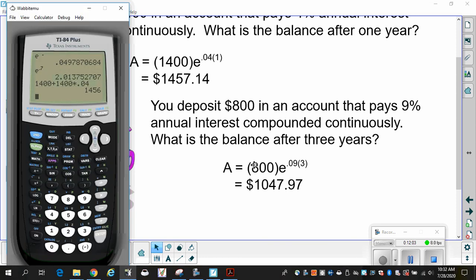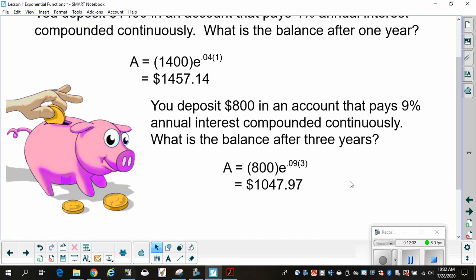If you did this out, if you did 800 plus 800 times 0.09, after the first year, you'd have 872. You do this for the next year and the next year, you wind up $10 more. Again, not a lot, but $800 isn't a huge amount, okay? But you still wind up with a bit more than you had, and you keep getting interest on your interest. So it grows fast.